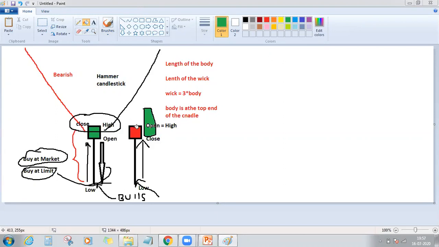So for this kind of patterns, we'll be waiting for one more candle to close above the high. But in this scenario, we are very sure that bulls are stronger starting from the lower prices, and even at the end of the day they were able to exhibit their strength, and here clearly their mood is to continue the bullishness. So this is called the hammer candlestick pattern, and these two are the variations.